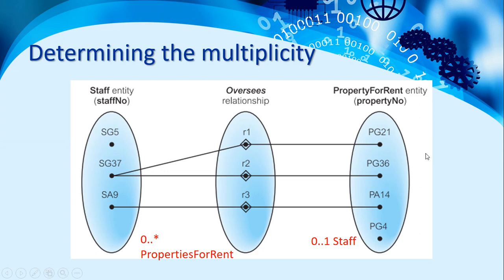And for properties participating in this relationship, there's a maximum of 1 member of staff. Di ba? 1, 1, 1, whereas ito, pwedeng 1 or many. So therefore, we refer to this type of relationship as one-to-many.